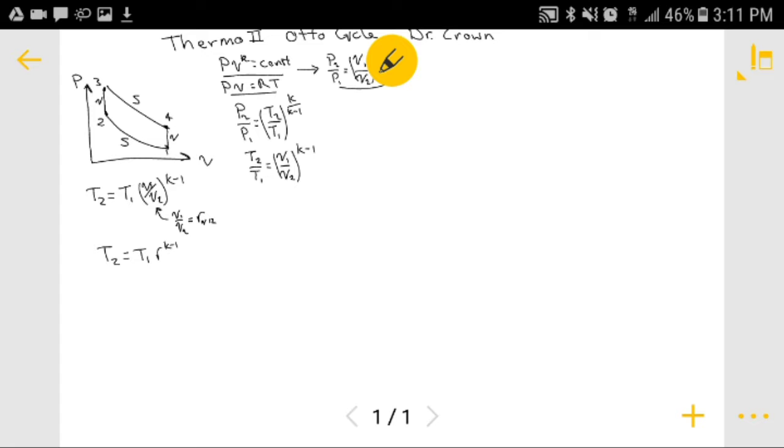So these three equations have the requirements of an ideal gas, constant specific heats, and an isentropic process.